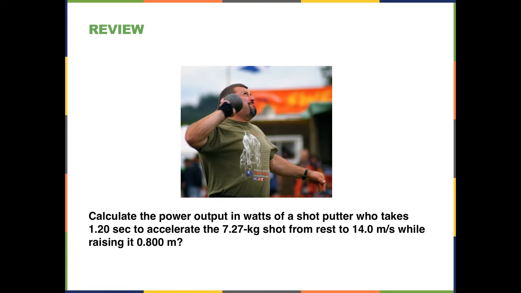0.8 meters. Now this is very similar to the problem we just did, because you have v0 is 0. So you have the final kinetic energy here and the change in potential energy here, and it's all done over this period of time.